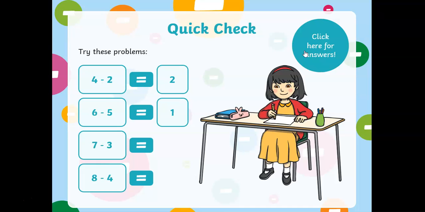I'm hearing some really great answers, and I'm hearing maybe 1 or 2 who just haven't found their niche, but we'll help them out. Excellent. 7 minus 3 is 4. Let's make sure that we're practicing our work. Yep, and we got it right.